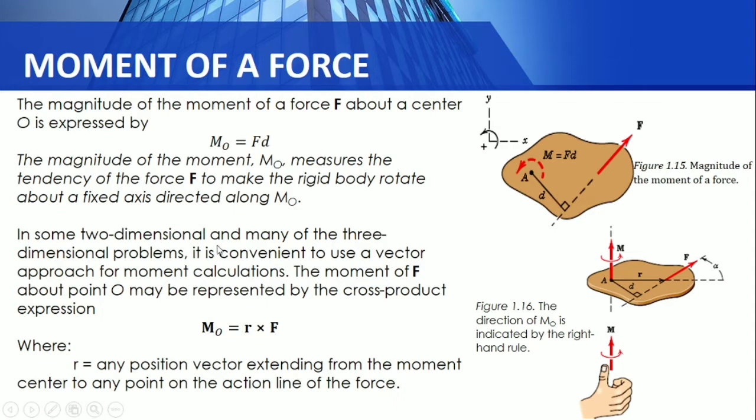So in some two-dimensional and many of the three-dimensional problems, it is convenient to use a vector approach for moment calculations. The moment of F about point O may be represented by the cross product expression M_O is equal to R times the force, where yung R natin is yung position vector extending from the moment center to any point on the line of the force.